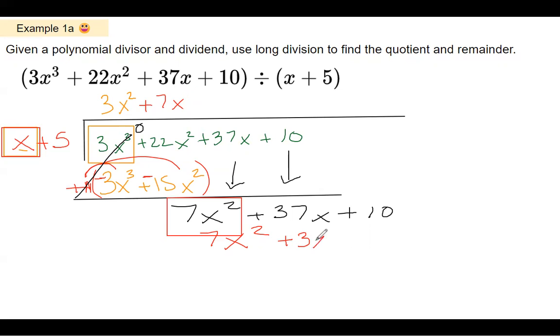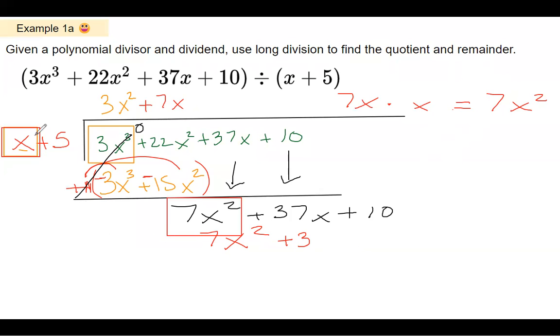So you multiply the 7x by x, which is 7x to the power of 2. So this would be 7x times x. We now have x to the power of 2 times 7, which is what we want. 7x to the power of 2.